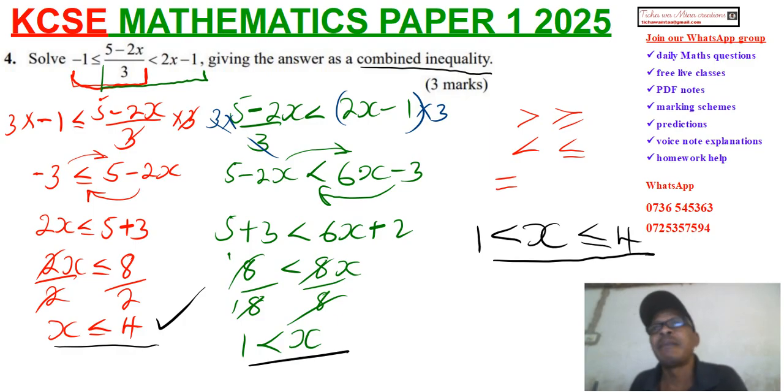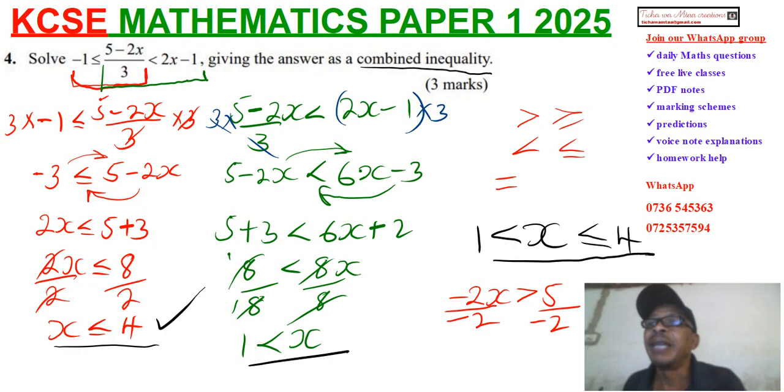Another important point you need to know so that you don't fail in the exam is that if we say minus 2x is greater than 5, you divide by minus 2. When you divide an inequality by a negative number, the sign reverses.